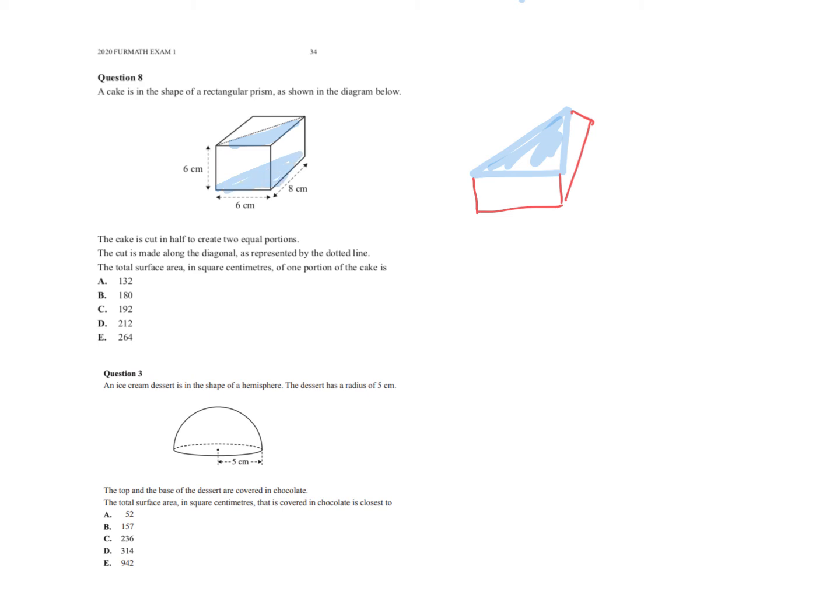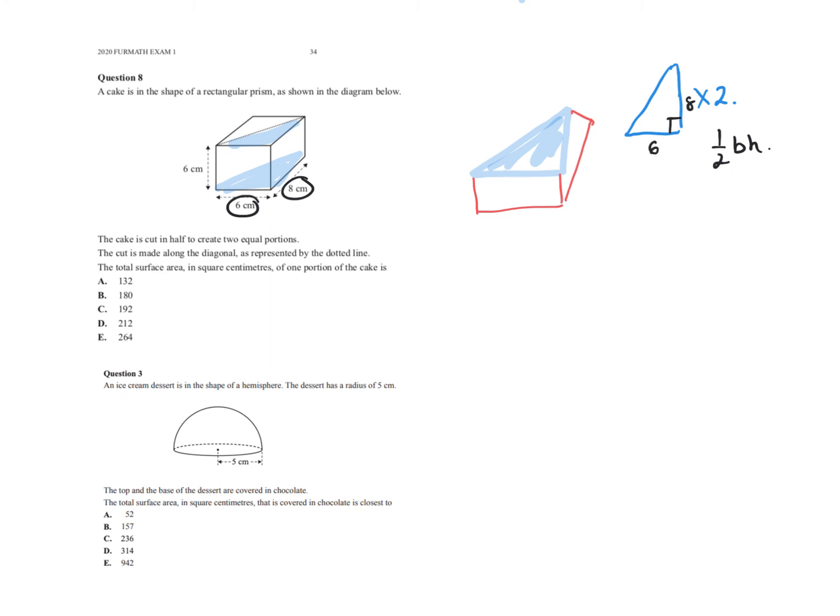So I'm going to say we've got the triangle face, and we've got 2 of them. Now we know the triangle face has a 6 and an 8, because I'm using this 6 and 8. So we can find the area of those using half base times height. So we've got that bit sorted.